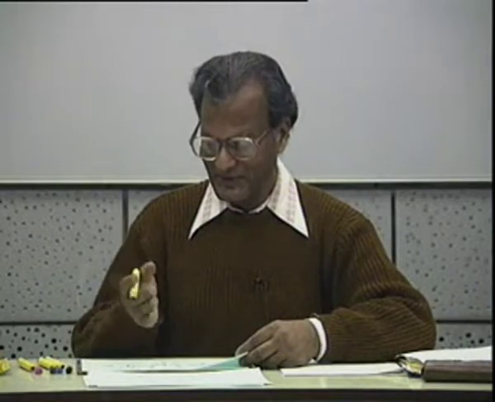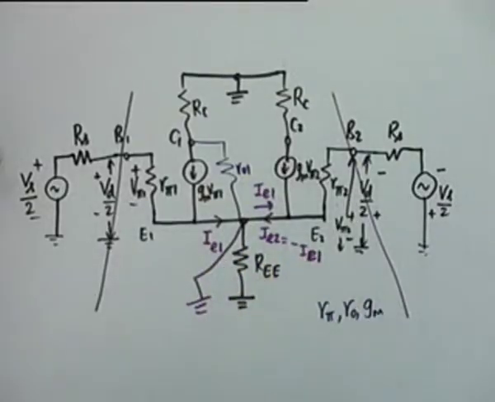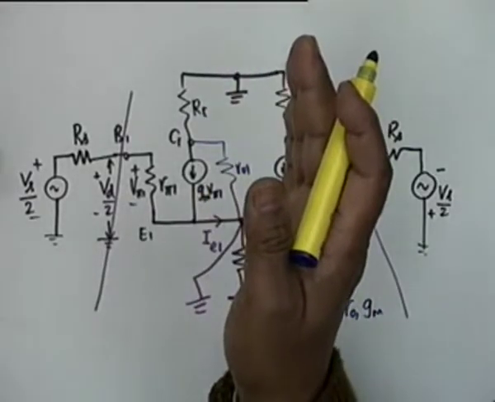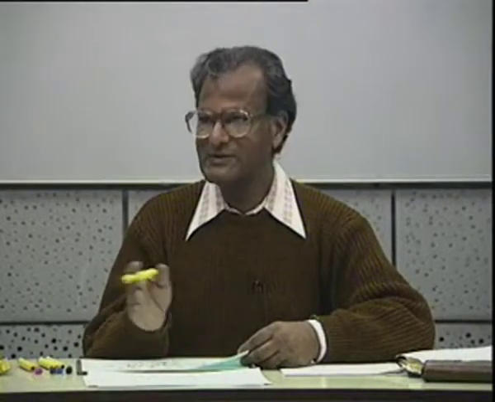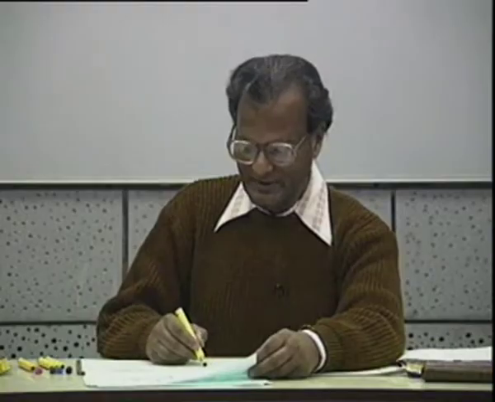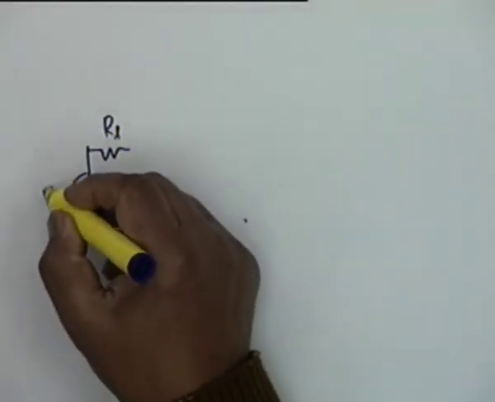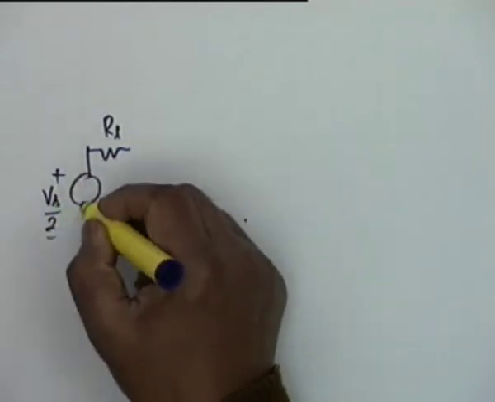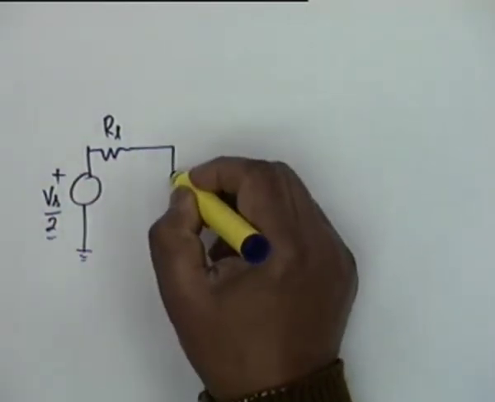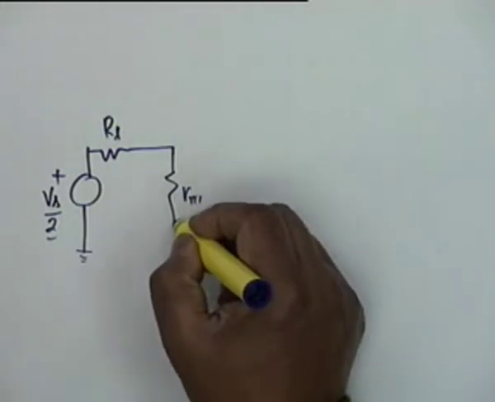Because of this ground, I can consider only half of the circuit. This is called the half symmetry analysis. So what we do is we have an RS. We just take one of the transistors, Vs by 2, and then we have R pi 1, which now goes to ground.